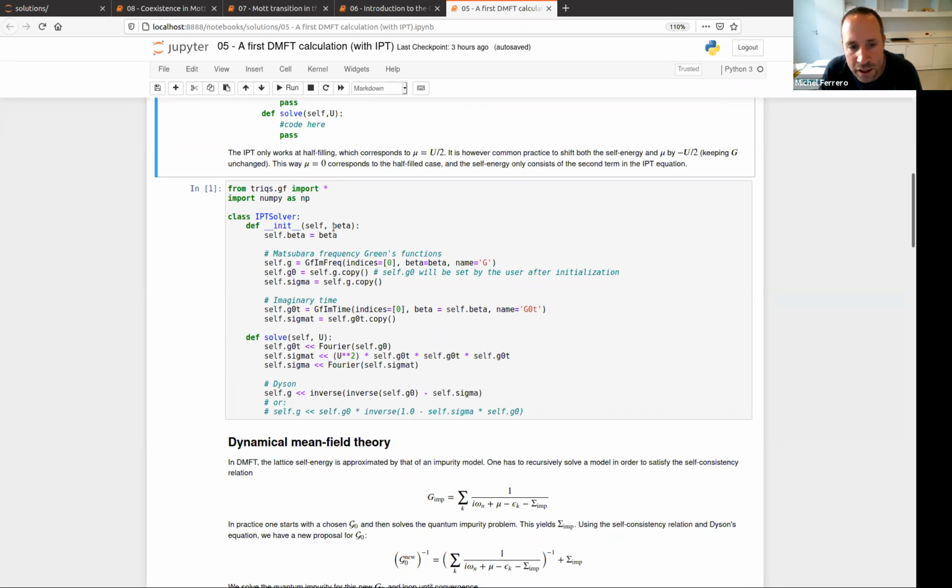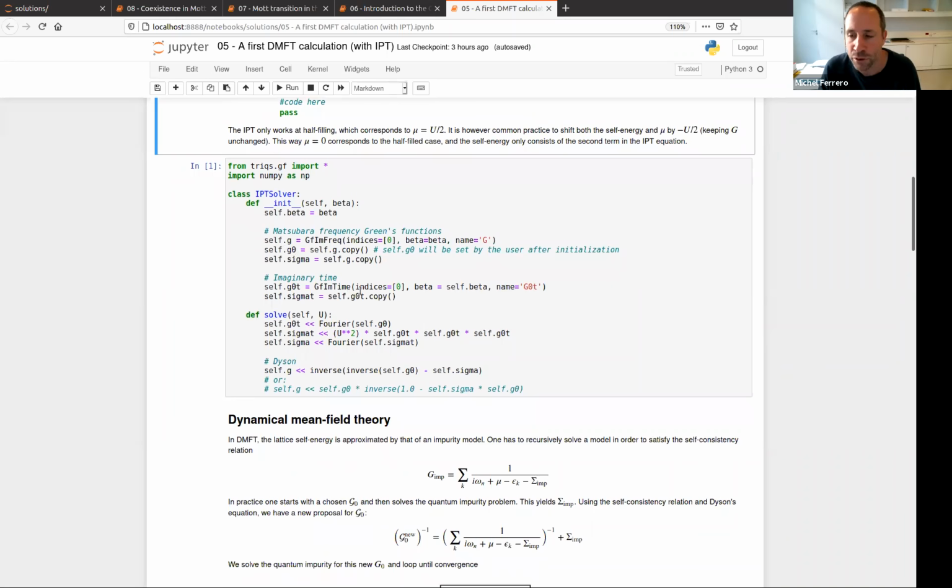So at construction, I just give the inverse temperature, and this allows me to define the different members of the class, the relevant objects, which are the interacting Green's function, self.g, which is an imaginary frequency Green's function at temperature beta. There's a G0, which is the non-interacting one, with the same structure, and a self-energy sigma.